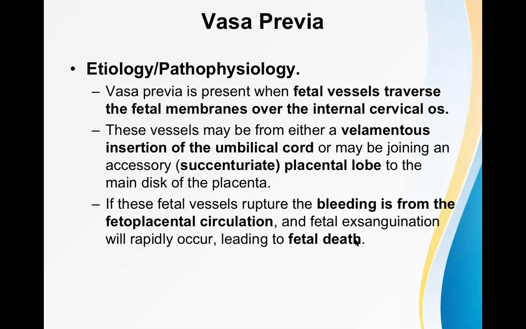If that happens in front of the internal os, this is called vasa previa. So you need to remember these two important terms here: velamentous insertion of the umbilical cord and succenturiate placental lobe. These are very important risk factors for vasa previa.